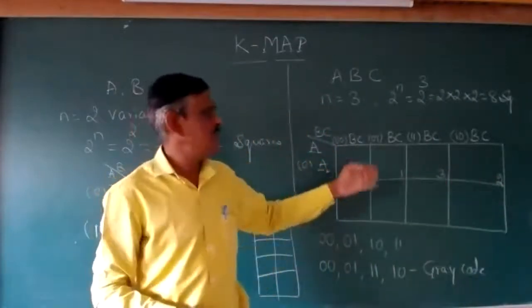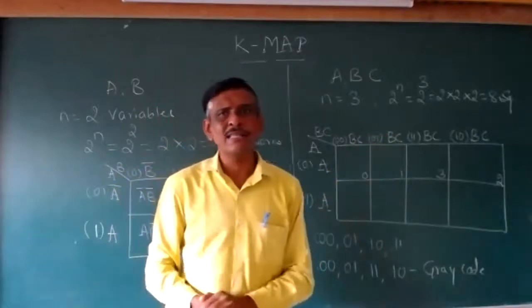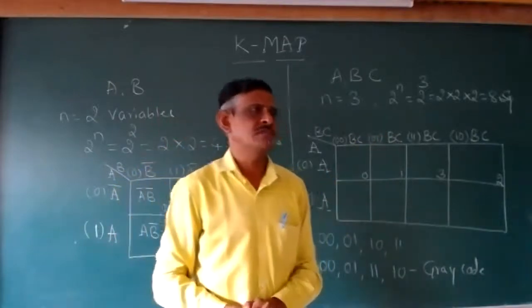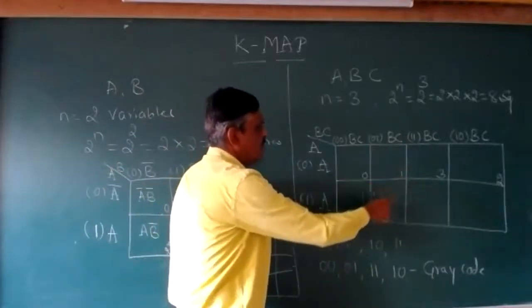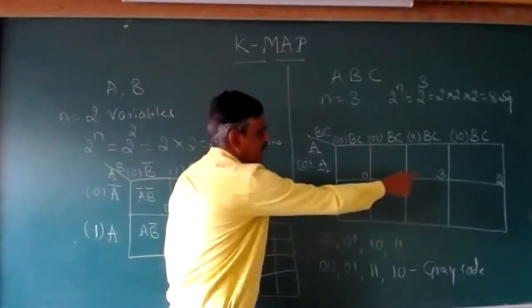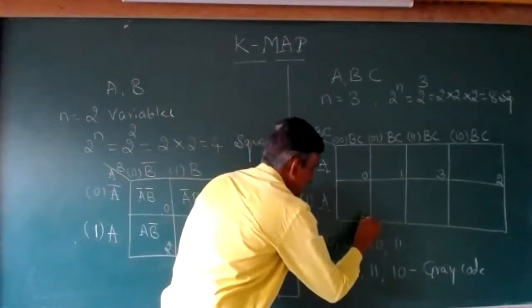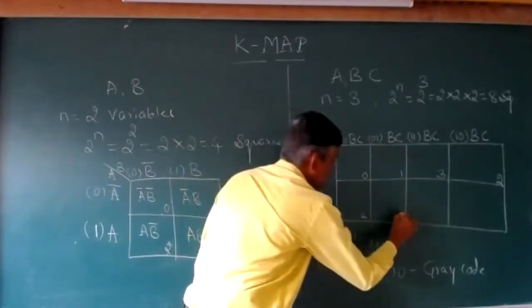This representation we are calling gray code representation. Next, in the second row also we can do the same, following the same method of jumping. That is, after 3, the next one is 4, then this is 5.